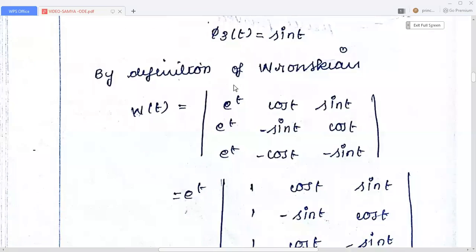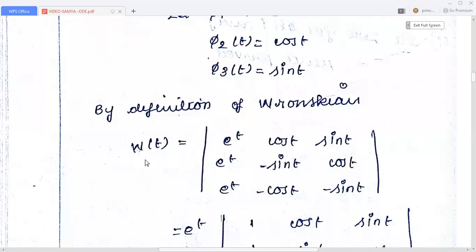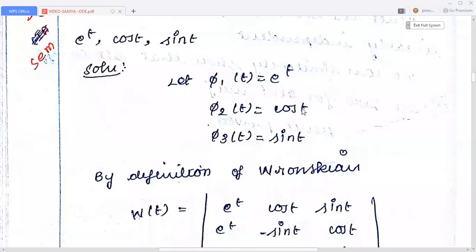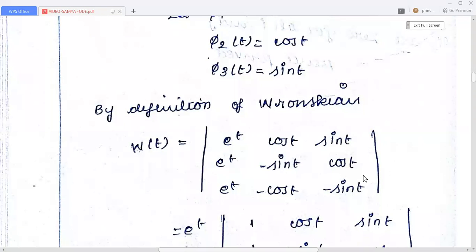Now we apply the definition of Lagrangian, that is W(t) equal to, in the first row we write all these functions e^t, cos t, sin t. In the second row, corresponding to these functions, we calculate the first derivatives: e^t, minus sin t when you differentiate cos t, and cos t when you differentiate sin t.